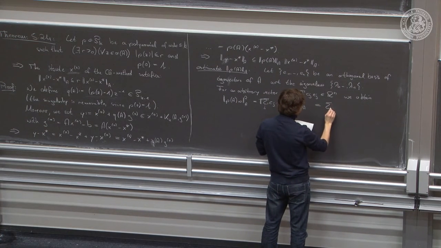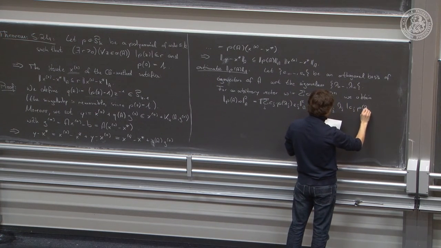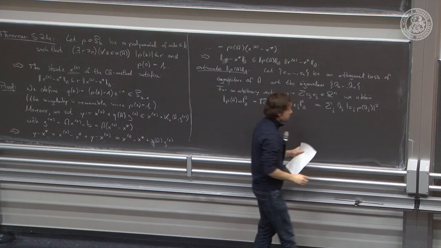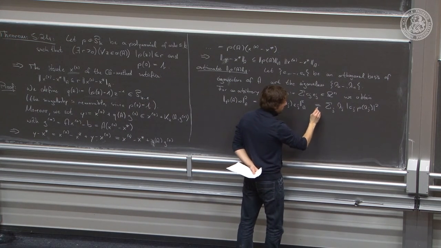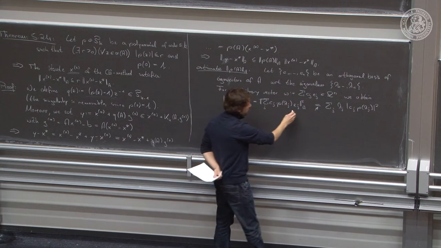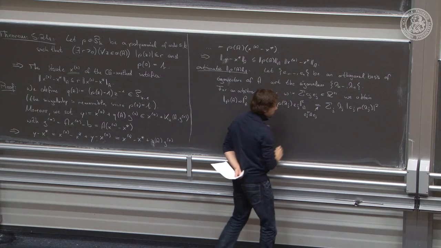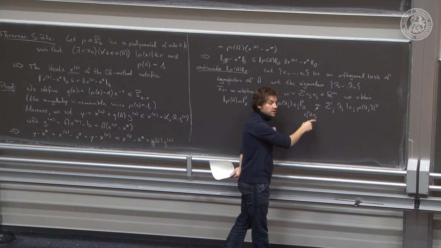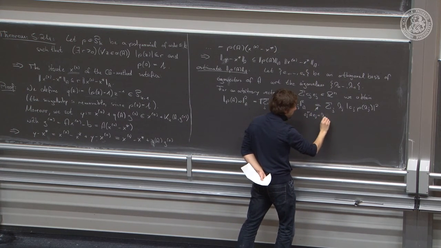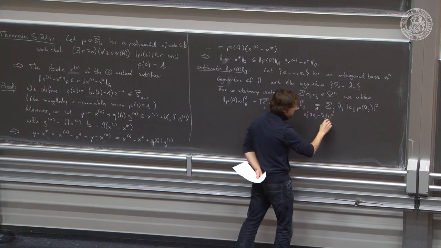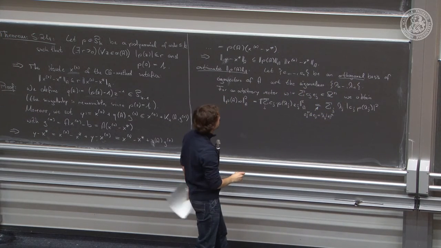But this can be rewritten as the sum of lambda j, cj, p of lambda j, squared. This is due to the definition of our energy norm here, since it is more or less nothing but ej transpose A ej. But since ej is an eigenvector with respect to the eigenvalue lambda j, this is nothing but lambda j times ej squared, but the absolute value of ej is 1. Orthonormal, I'm sorry.